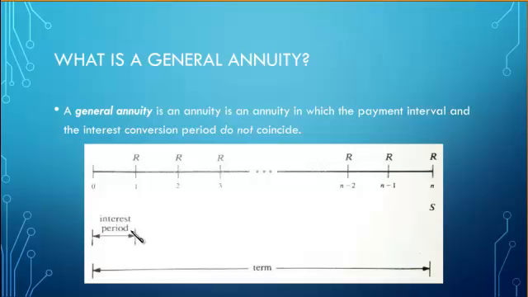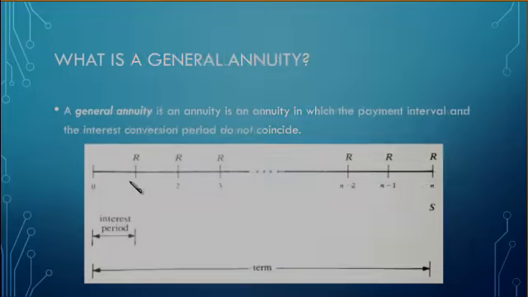So this diagram does not reflect that. And that's because this is the diagram we'll be using most of the time, because we will for right now be working with simple annuities. So this diagram represents a simple annuity. If it were a general annuity, this interest period would be smaller or greater than the payment interval.